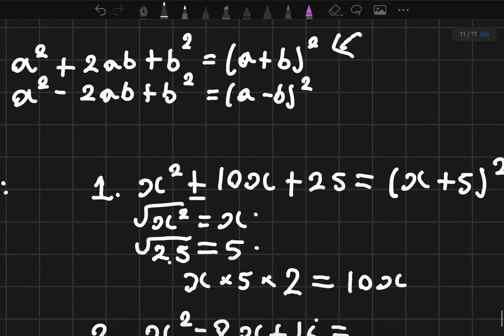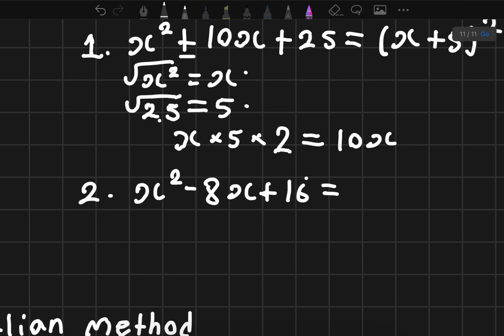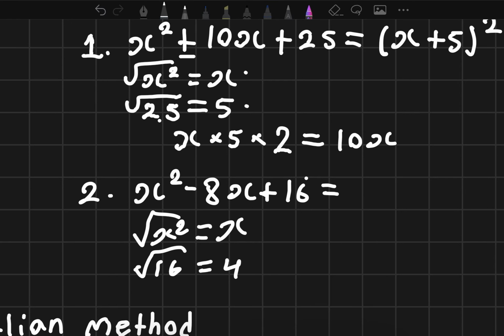The next example we have is with a negative. So here we have x squared minus 8x plus 16. The square root of x squared is equal to x, and the square root of 16 is equal to 4. And we can see that it has a minus here.